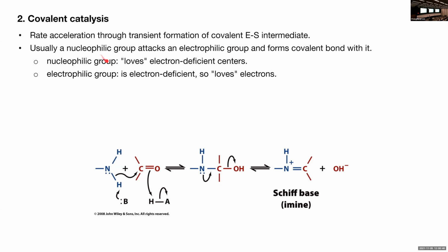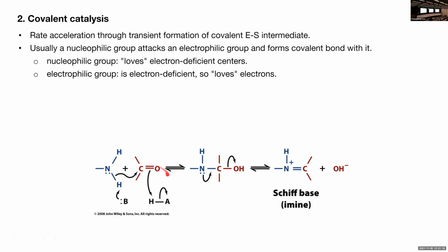Nucleophilic groups are basically negatively charged groups trying to find protons. An electrophilic group is the opposite, where it likes to accept electrons. So it's going to be positively charged, and try to find its negatively charged partner. And it forms the covalent bond during the catalysis.